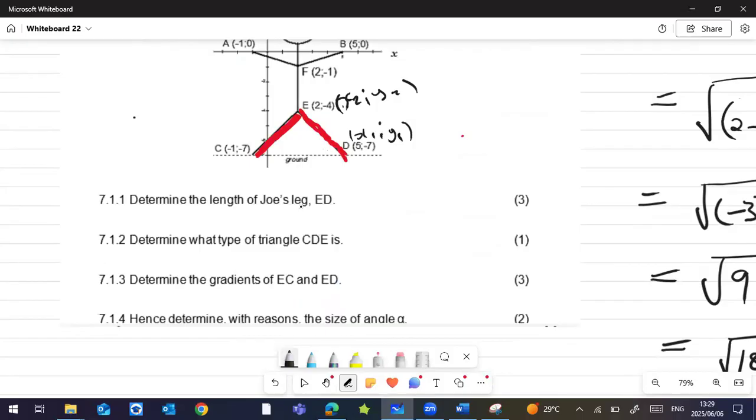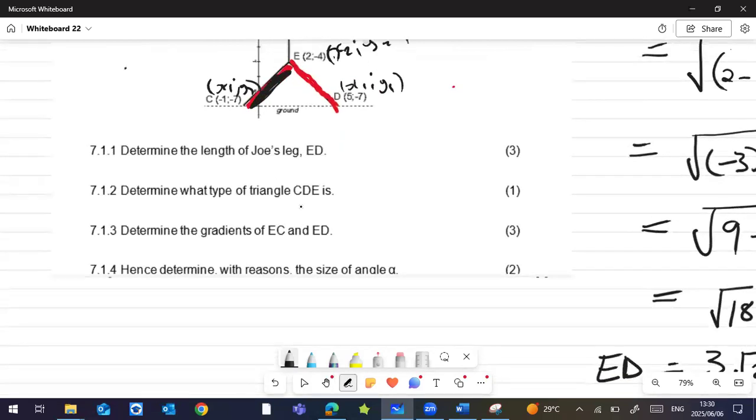If I call these coordinates here, this time for this one, x1, y1, and here x2, y2 still. We are now focusing on line CE. Let us also use the distance formula.